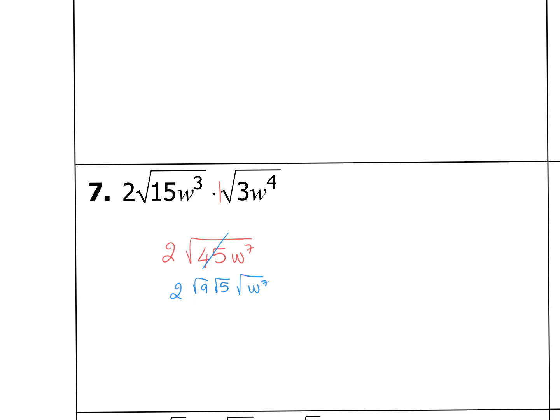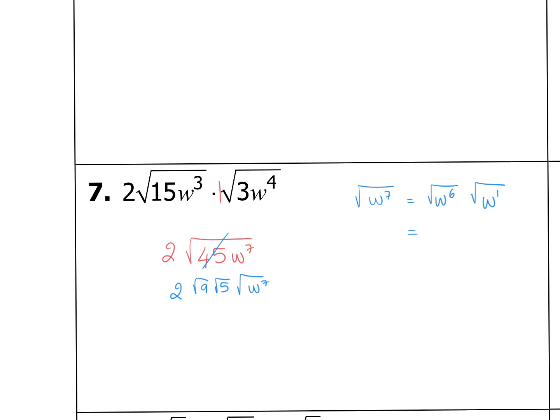All right, so if you don't remember, I have taught you in the previous video how to do square root of a variable raised to an odd or even power. So you're going to break it down to the closest even exponent. The closest to 7 will be 6, and then w to the power of 1, right? Because 6 plus 1 is 7.